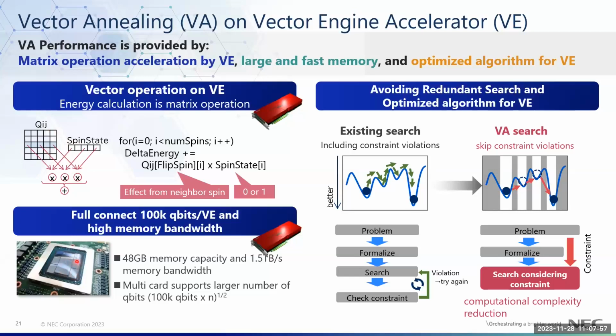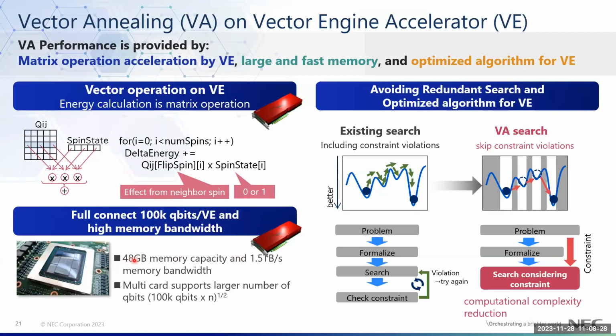And these little chips that you see around the CPU are high bandwidth memory chips, HBM2 chips of 8 gigabytes each. So 6 chips of 8 gigabytes each provide 48 gigabytes on the card in close proximity with the processor. So this essentially translates to really high memory bandwidths. And 48 gigabytes of memory on the classical hardware is capable of simulating up to 100,000 qubits per vector engine card.